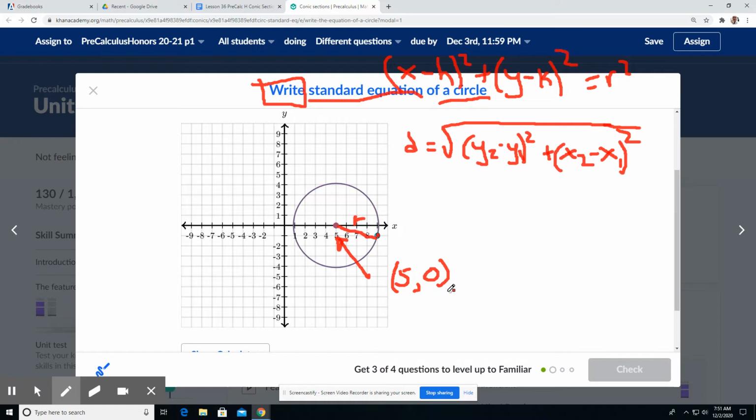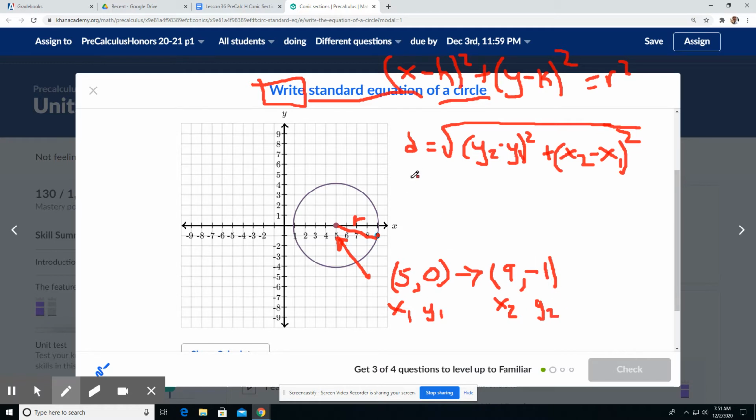So we've got the distance from (5, 0) to the point where x is 9, y is -1. It's always good to label to cut down on mistakes. I'll call this my first point and this my second point.